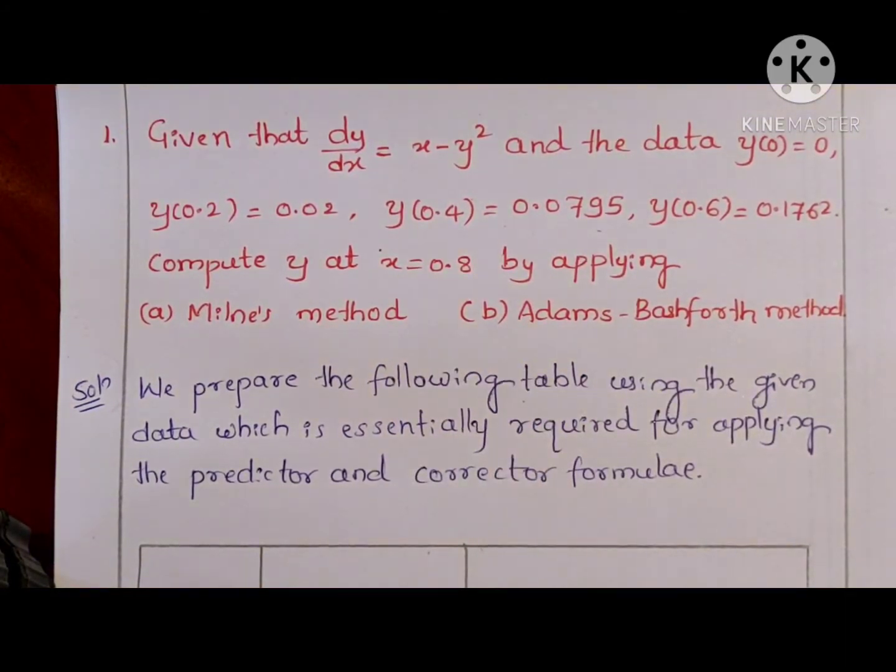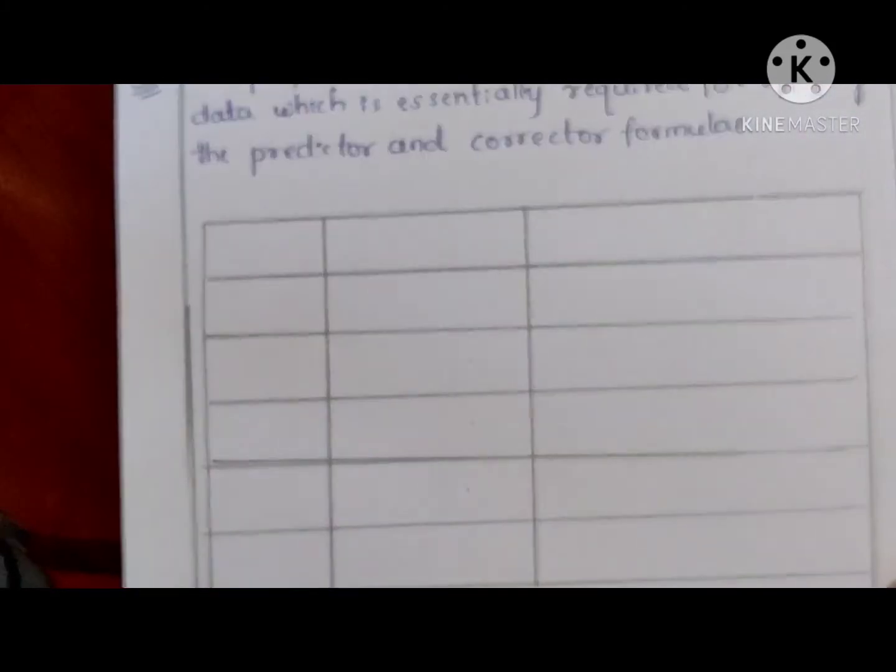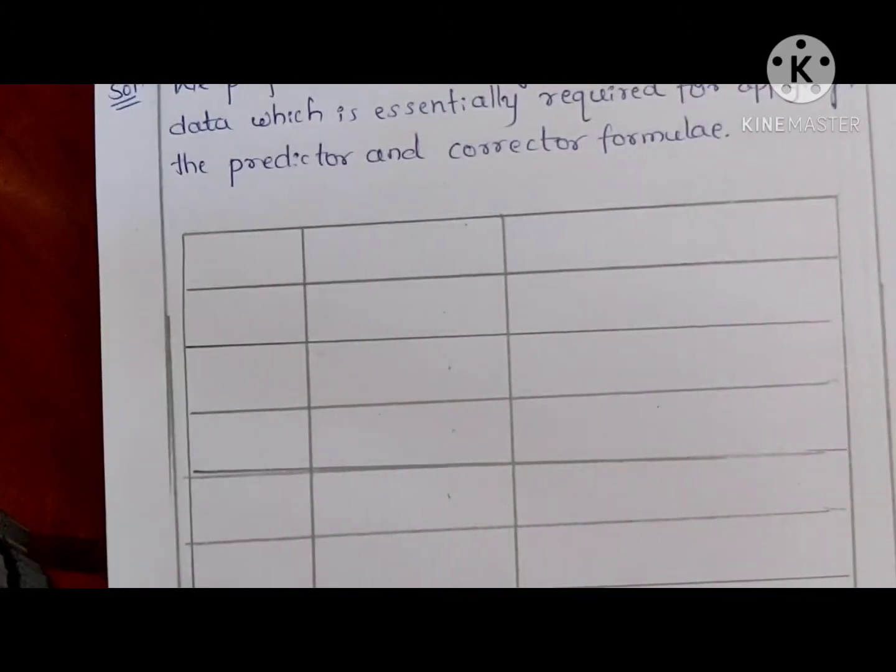According to the working procedure, we first construct the table using the given data. We prepare the following table, which is essentially required for applying the predictor and corrector formulae. The table contains 3 columns.